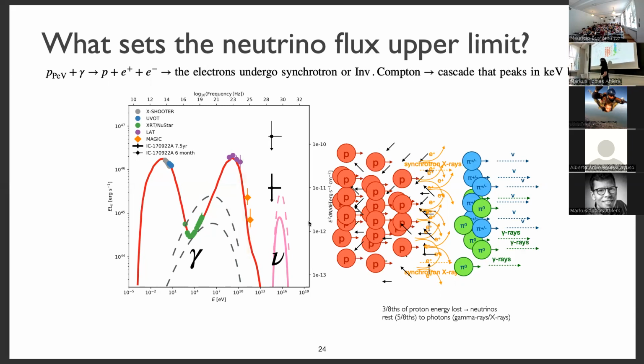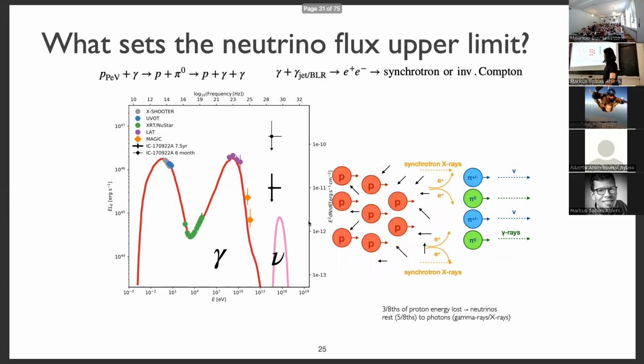So at some point, we're going to produce too many photons. Okay, so we overshoot the X-ray data in this source. So this is what sets a strict upper limit to how many neutrinos this source could produce without violating all the constraints we have from X-rays and gamma rays.